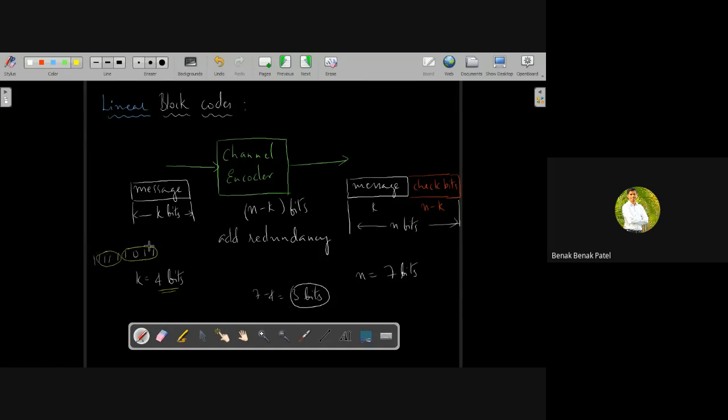Right after grouping, I can call this block 1 and this block 2. Every time I pass a block of 4-bit size, 3 extra bits get added onto this block, and this value is always constant. Thereby it's called linear. So the terminology linear is because of this.